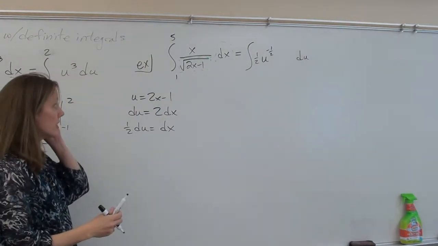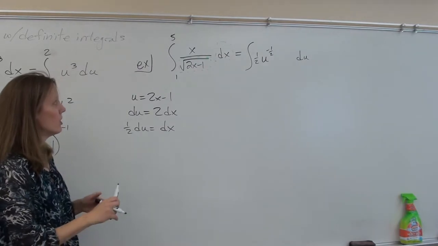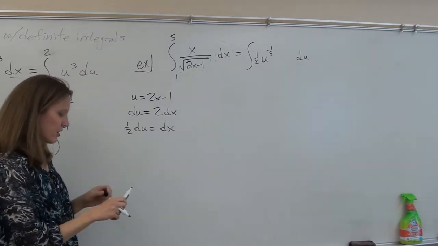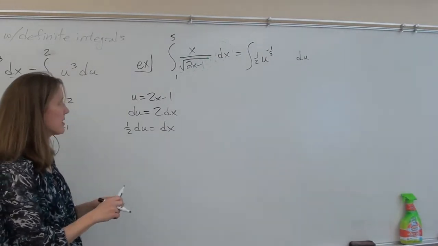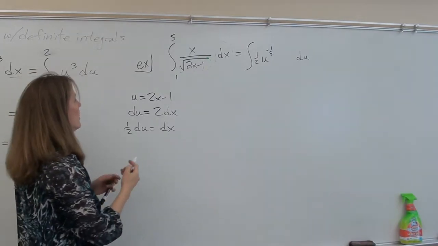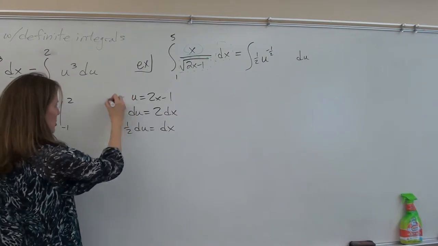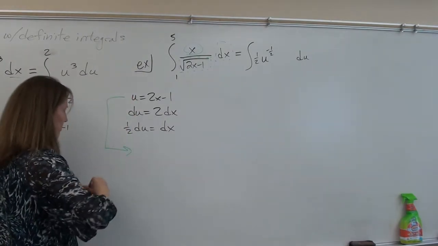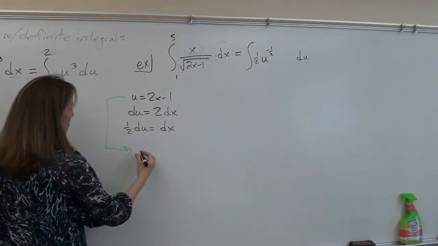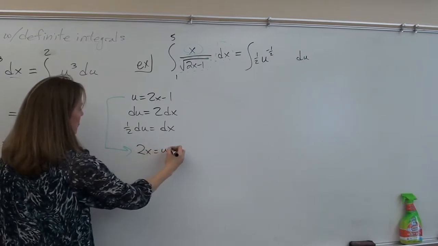Have I replaced everything in the original integral? There's still an x there. What am I going to do about the x? u plus 1 divided by 2. Okay, to replace this x, I have to solve for x here. I add 1, so I get 2x equals u plus 1.